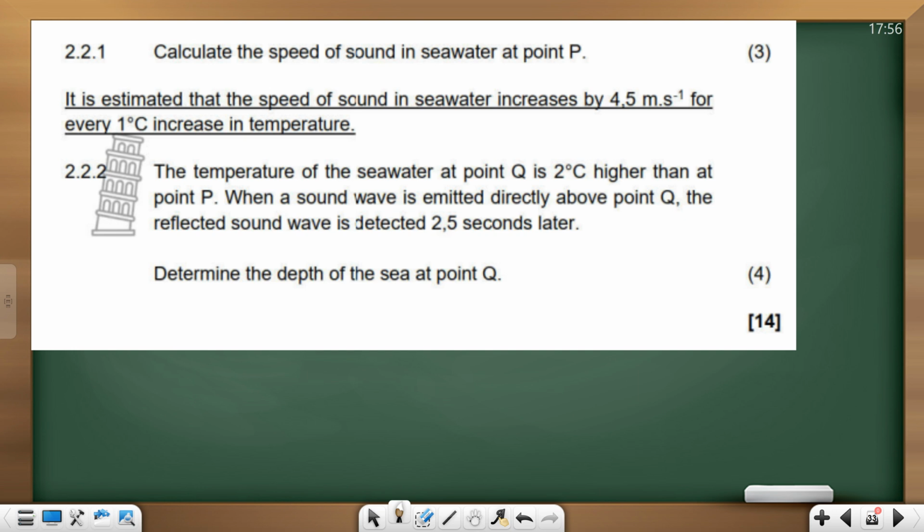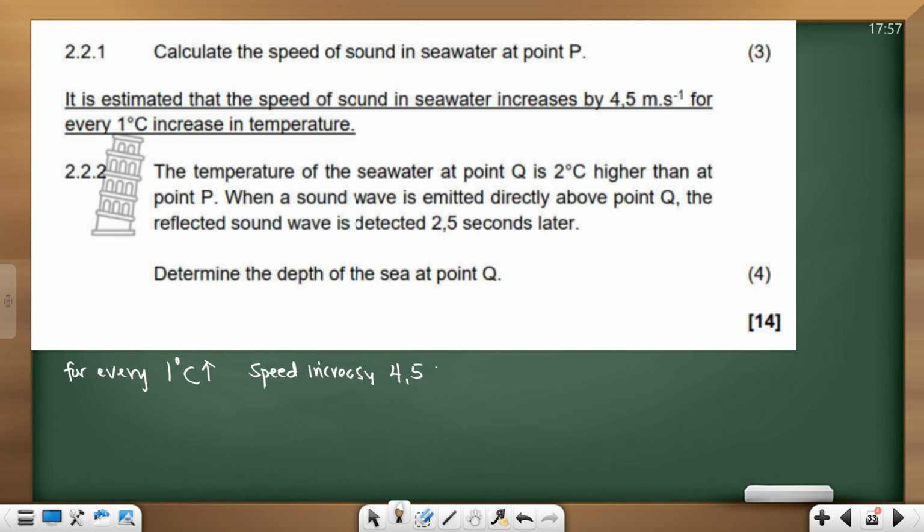Wait, than P. Let's stop there. We are saying that, for every 1 degree rise, speed will increase by 4.5. But point Q is 2 degrees higher.